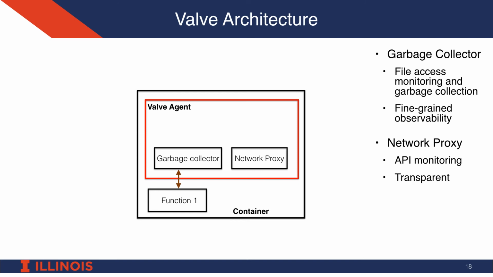This network proxy filters all incoming and outgoing network requests originating from the container. Thus, the network proxy serves as a transparent mediation point that allows us to observe the dynamic behavior of functions while avoiding dependence on source code, instrumentation, or assumptions of language.